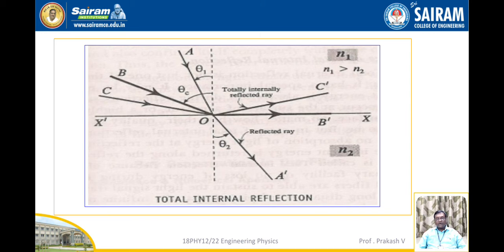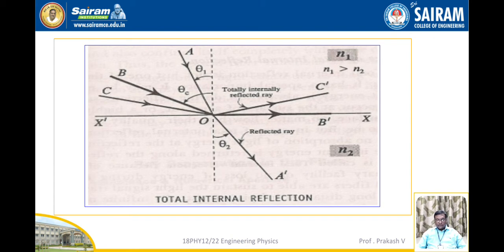Here the value of theta 2 is equal to 90 degrees. The third beam is CO, which is reflected back into the same system and travels along OC'. Here the angle of incidence is greater than the critical angle theta c, so the third beam undergoes total internal reflection. Here the refractive index of the first medium is greater than the second, that is n1 is greater than n2.